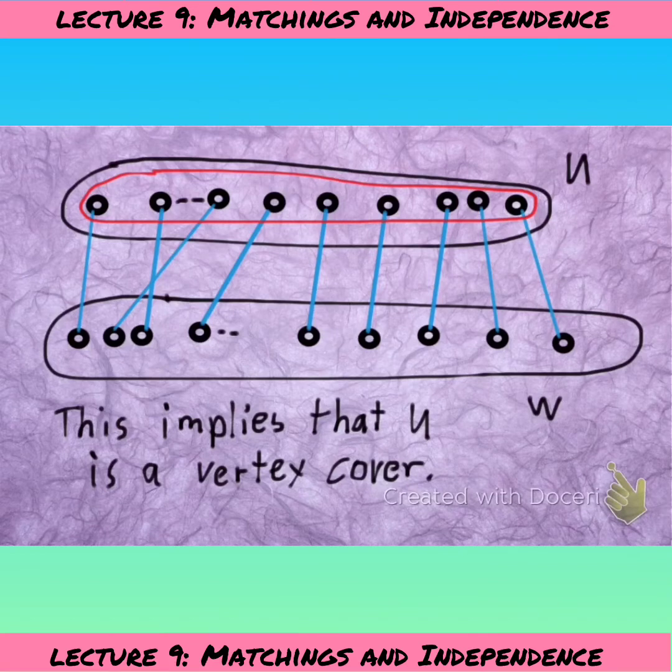So you can only find edges there, and those edges are going to be covered by the vertex set of U. So what is this going to imply? This will imply that the vertex covering number is at most the matching number.